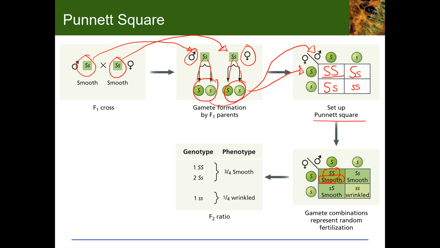Now in this case it's smooth, but it's going to be homozygous smooth because you have alike letters, both capital S's. Now over here in this one you're going to have, again, smooth phenotypically, but they're not going to be the same. So those are going to be called heterozygous for the trait. So big S, little s.